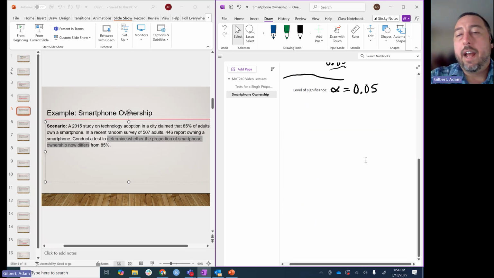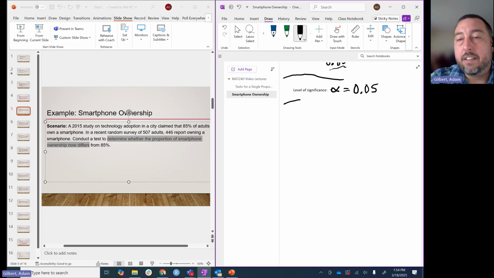Okay. At this point, the work begins. We need to somehow calculate a probability associated with observing our sample data. We're going to start that process by calculating a test statistic.